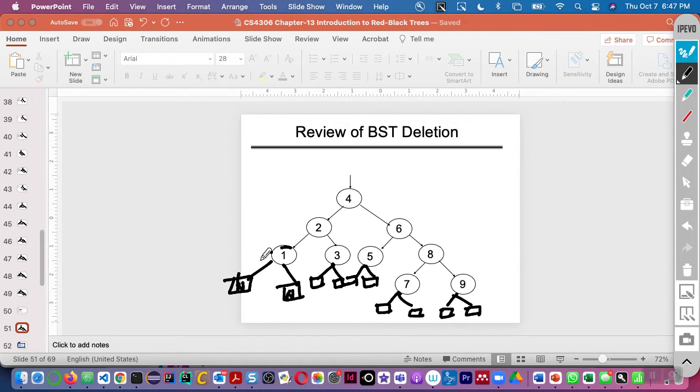We replace this value with null. So target value equals null, that means it gets null. Whenever it gets null, it can no longer contain anything. So automatically it gets deleted. Then this becomes null.